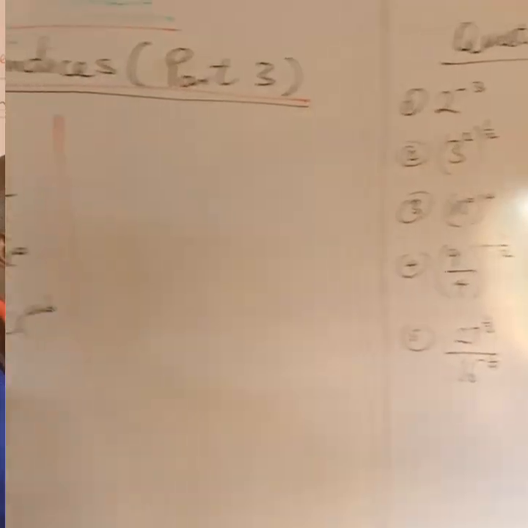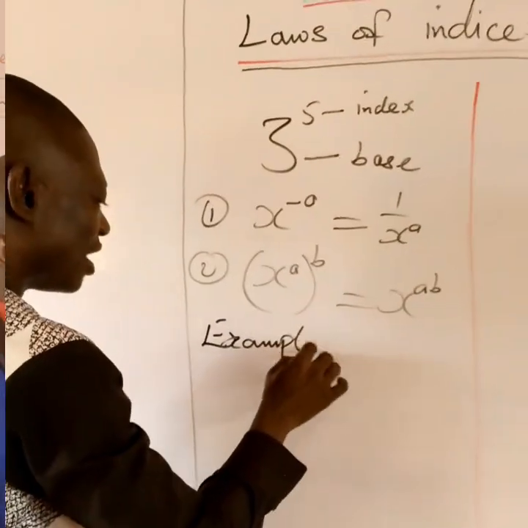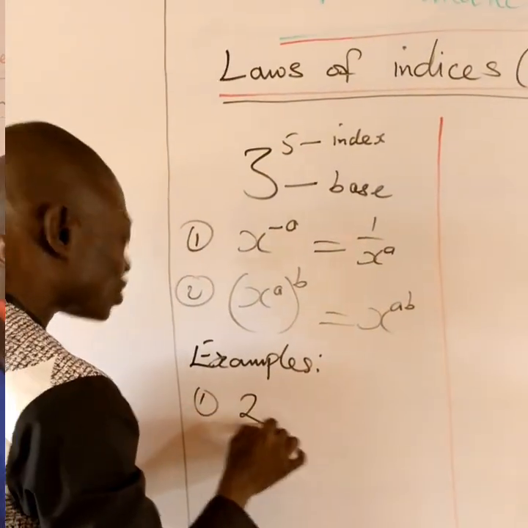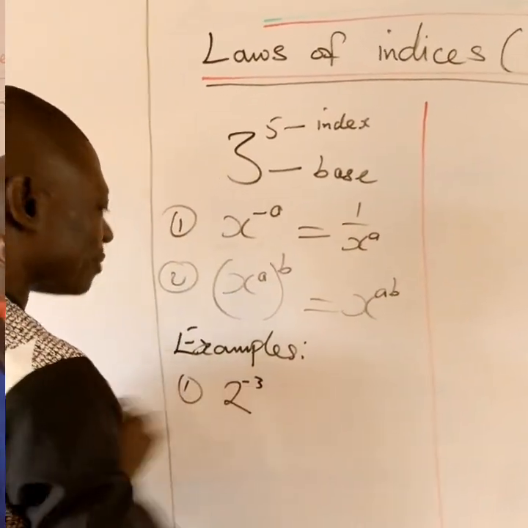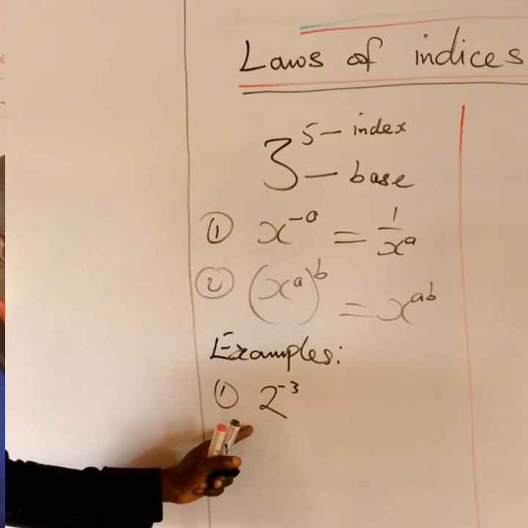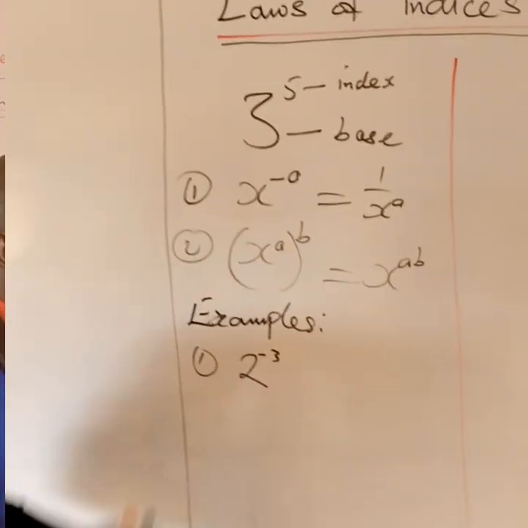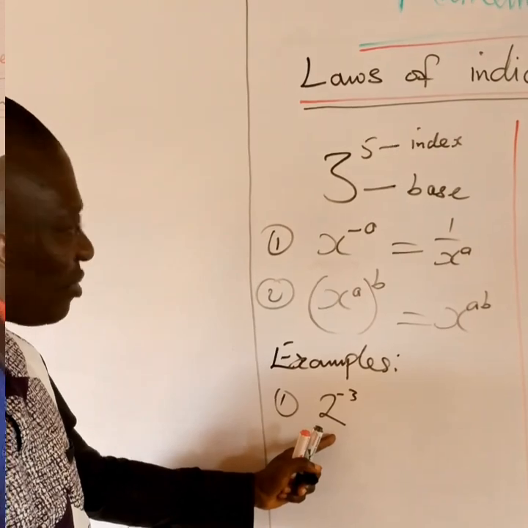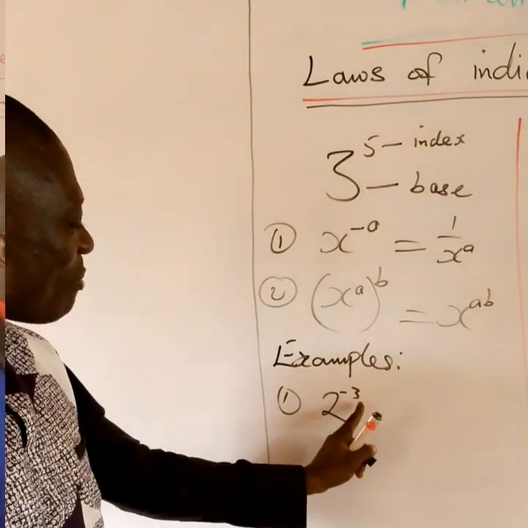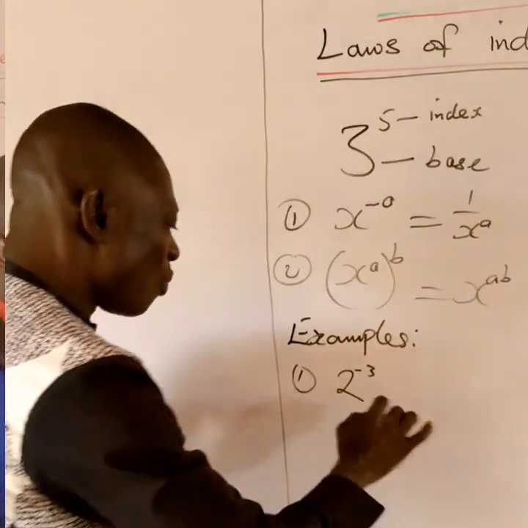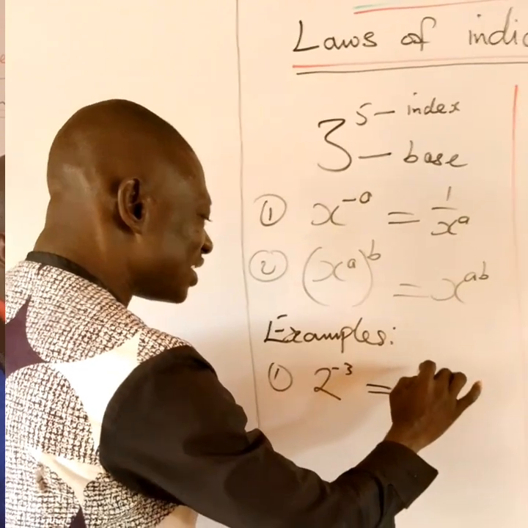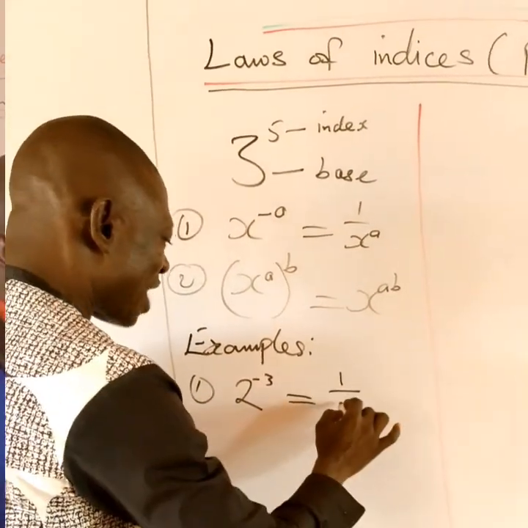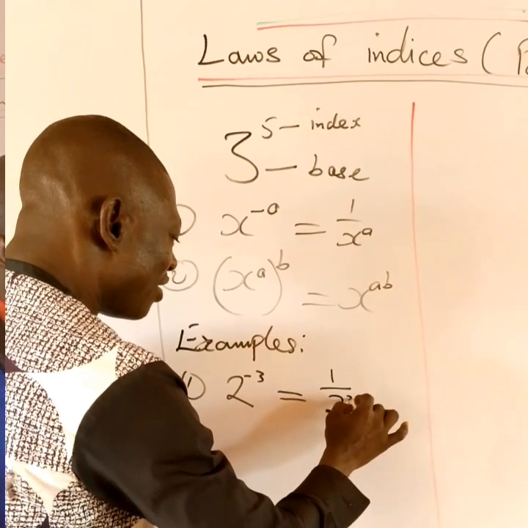Example number 1. Here we have a question given to us as 2 raised to power minus 3. This question is similar to law number 1, where we have x is where we have 2, and where we have minus a is where we have minus 3. What the law says we should do is write 1 on top, make your dividing line, and now write it as 2 raised to power 3.